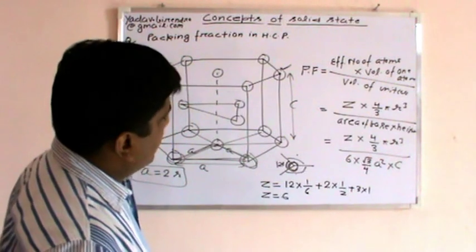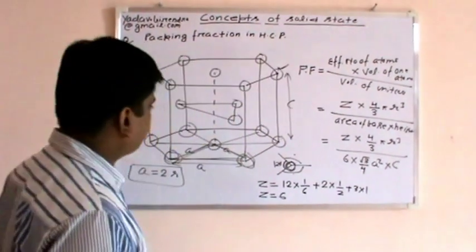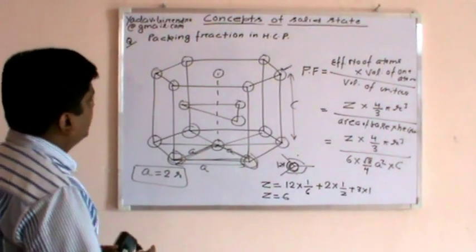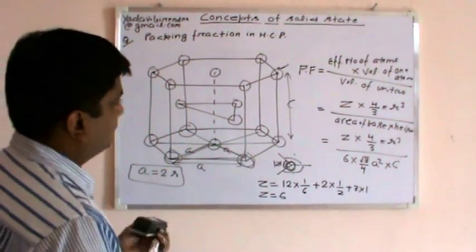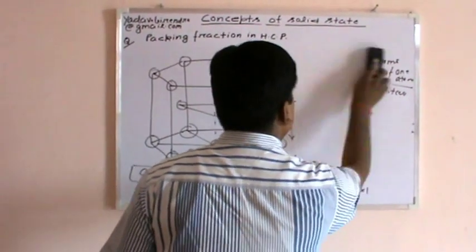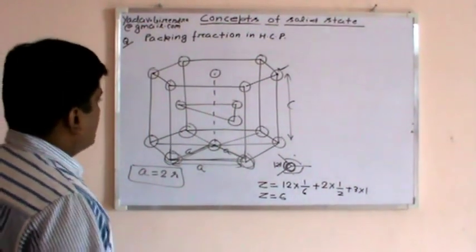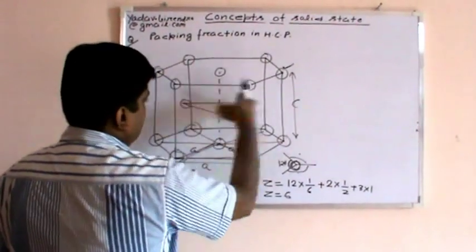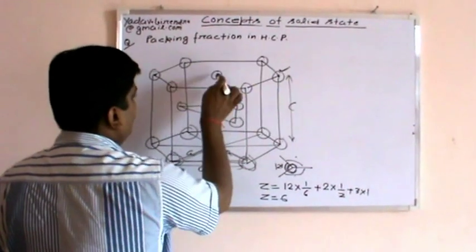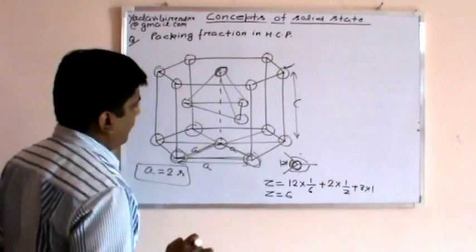Now next we need to get the relation between A and C. As we know, this is the second layer, this is the third layer. So obviously this atom will touch these 3 atoms.